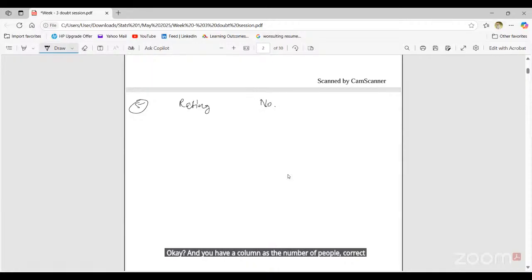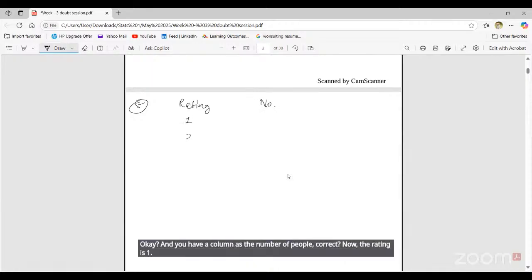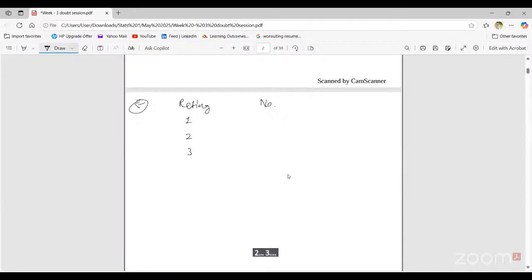Now, the ratings are 1, 2, 3, 4, 5. And what are the numbers? 78, 192, 425, 220, 62. So this is my xi, and this is my fi.